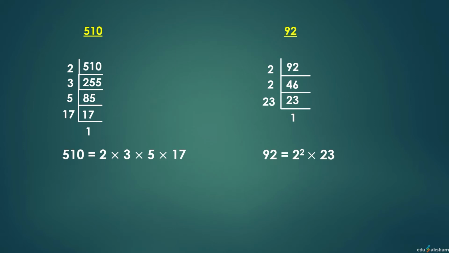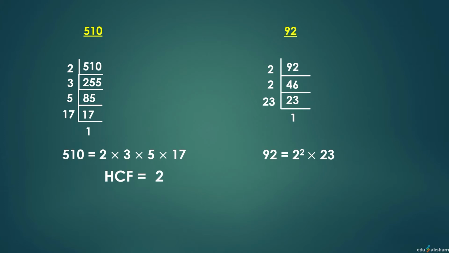We know that the HCF is the smallest power of each common prime factor in the two numbers. The common factor in the two numbers is 2, and its smallest power is 2 to the power 1. Therefore, the HCF of the two numbers will be 2 to the power 1, which is equal to 2.